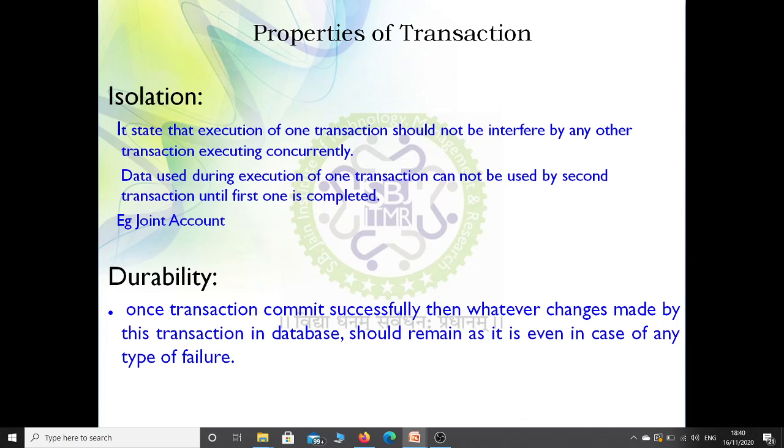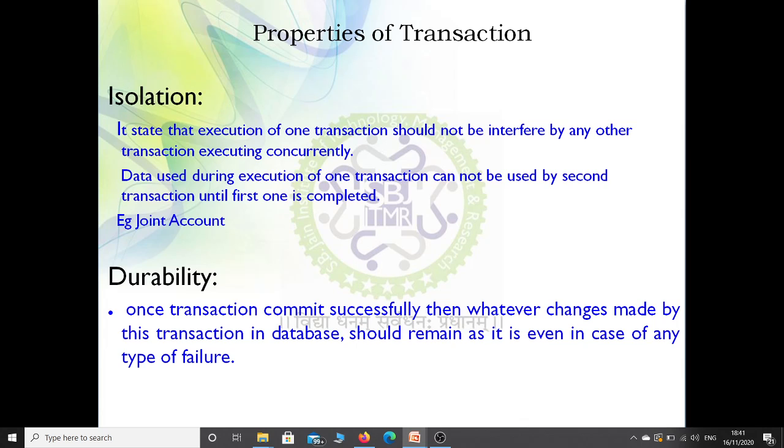In scenario 1 you are alone, in scenario 2 eight more persons are there, but still you are going to use that cloth and see the fitting. So in the second scenario, it is a logical separation, logical isolation.